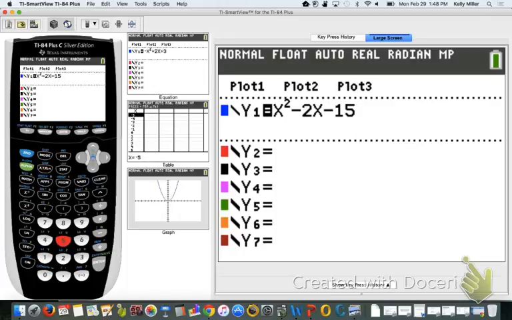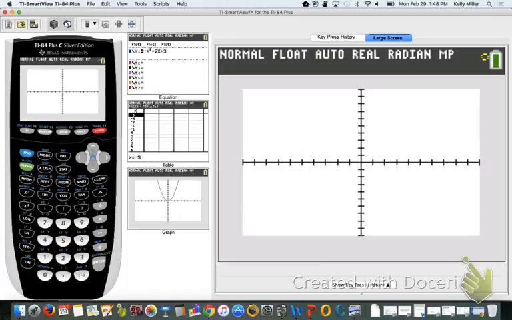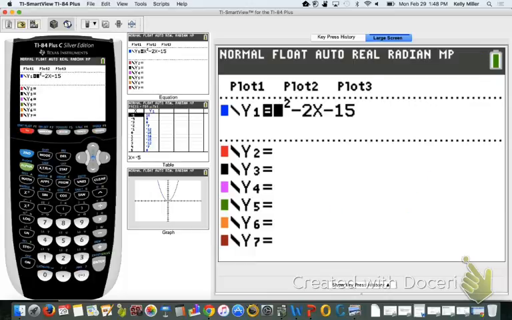When I press graph, it says error. Well, you're probably not typing something in correctly. Are you using a minus instead of a negative? Sometimes that gives a common error. Did you type it in like this? Use the minus sign, don't use the negative for a minus.